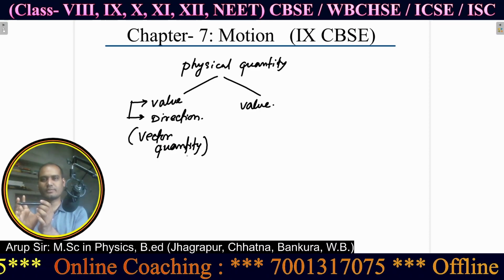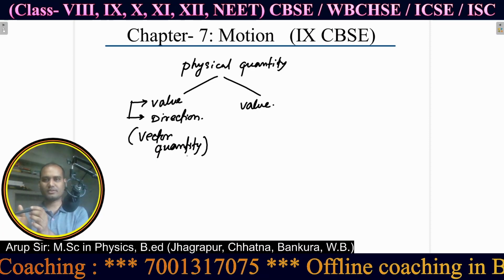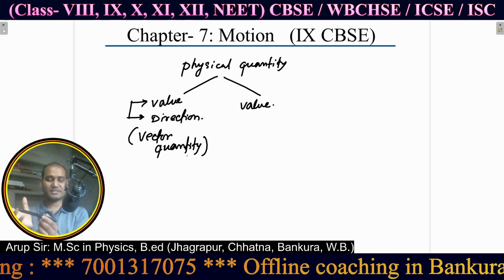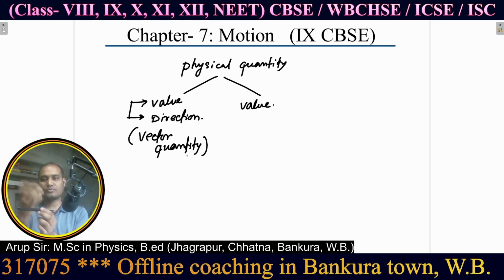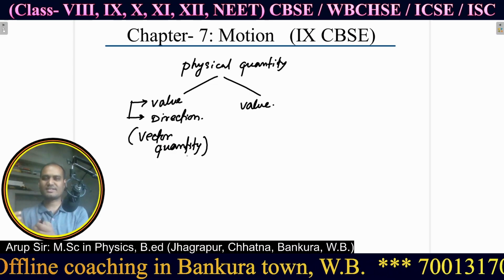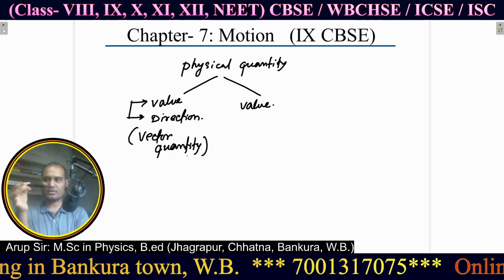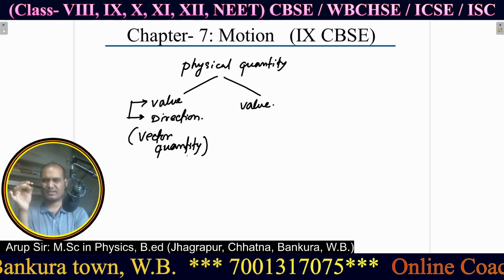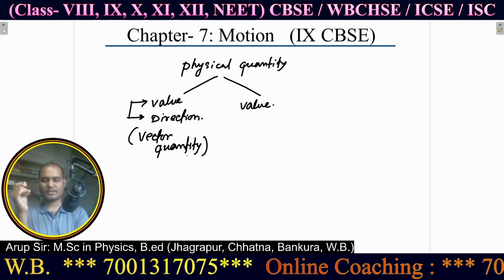Also it has some value, that this much length it is traveling, like 15 centimeter, 12 centimeter, and also along which direction, along this direction. So value as well as direction is present. Similarly, let us suppose its mass is 50 gram.